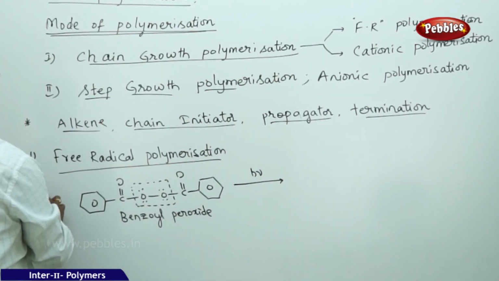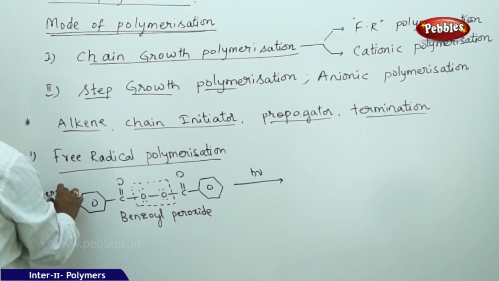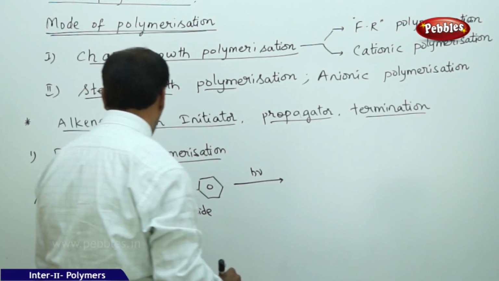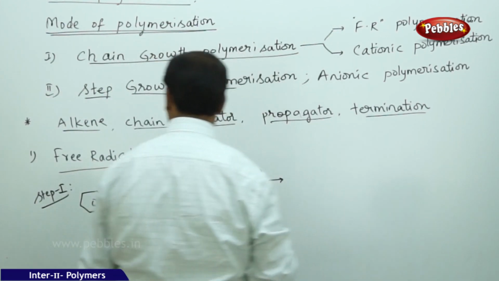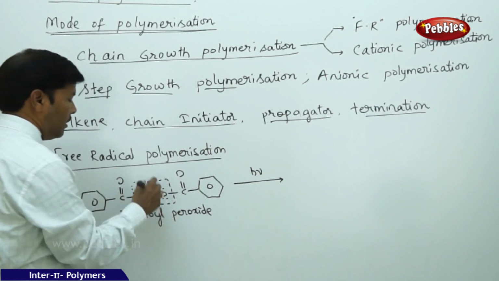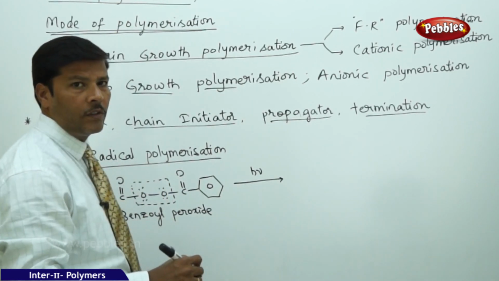Let this be step 1, formation of free radical. Immediately homolytic fission takes place, the bond breaks symmetrically between the two oxygens of the peroxy bond.